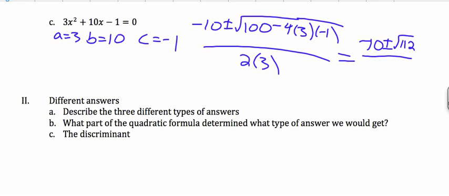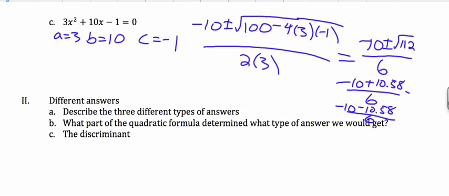And here's where this one gets a little bit tricky. We don't really have a square root of 112, so we're just going to have to figure that out. It's 10.58. So our two answers are going to be -10 plus 10.58 over 6 and -10 minus 10.58 all over 6.